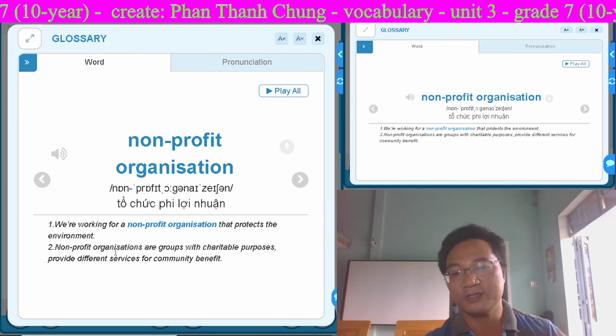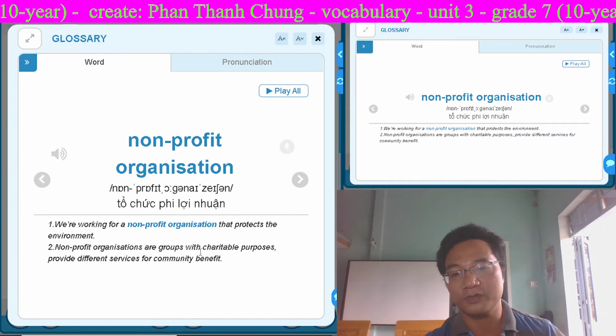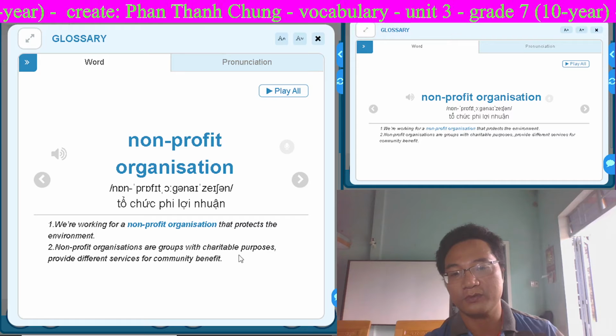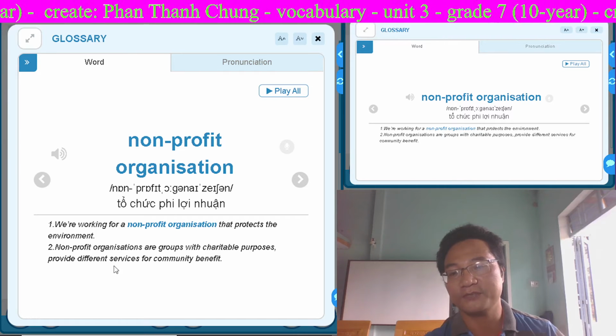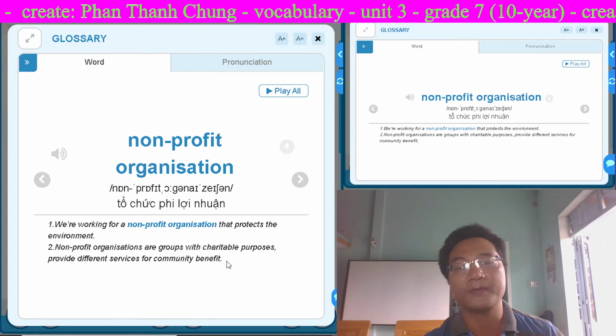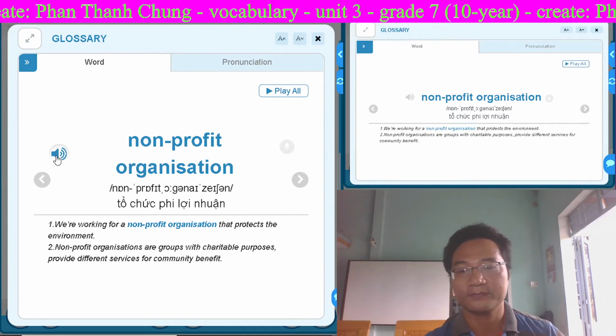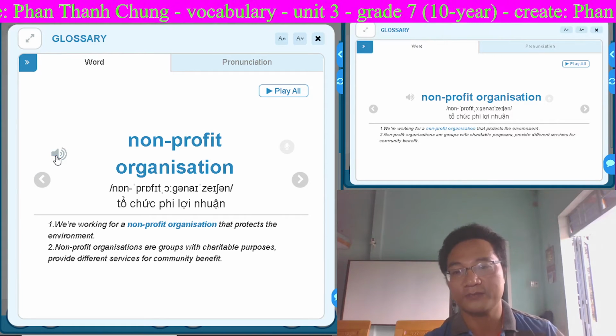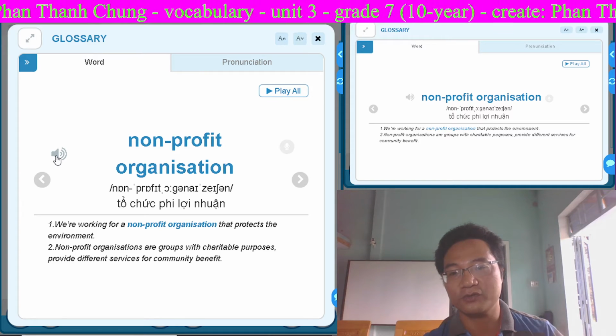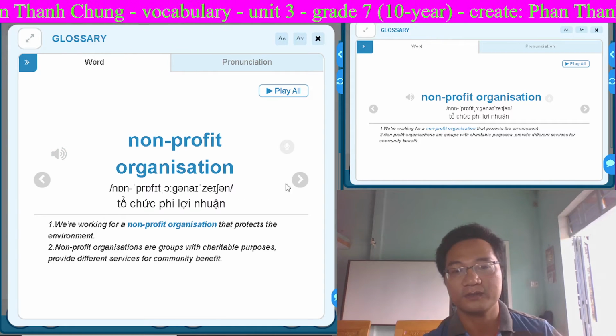A non-profit organization or groups with charitable purpose provide different services for community benefits. So again, non-profit organization, tổ chức phi lợi nhuận.